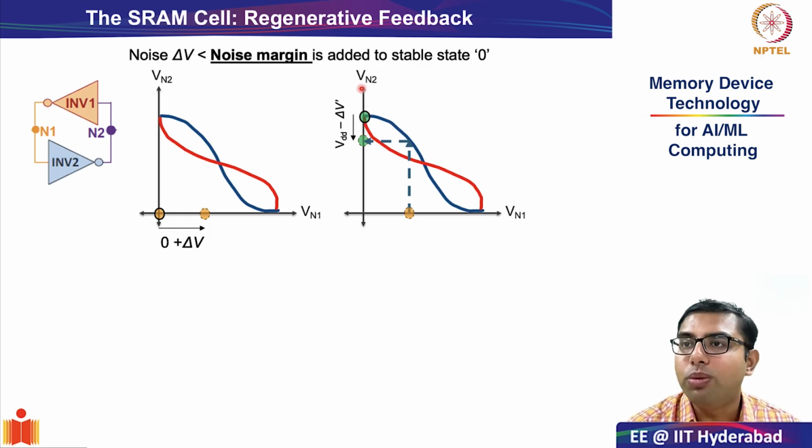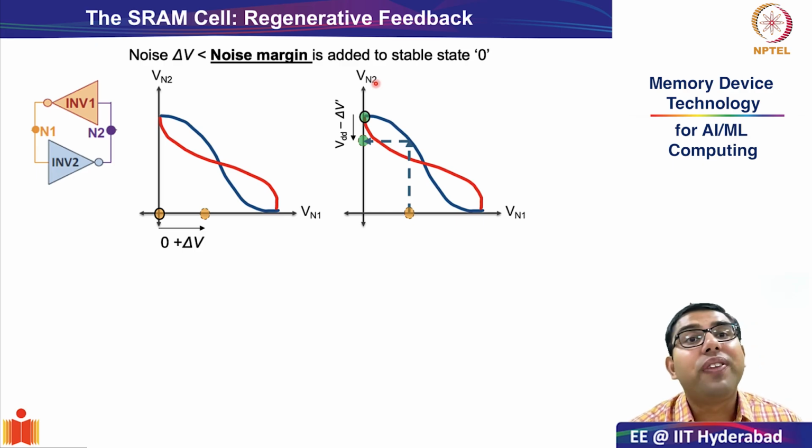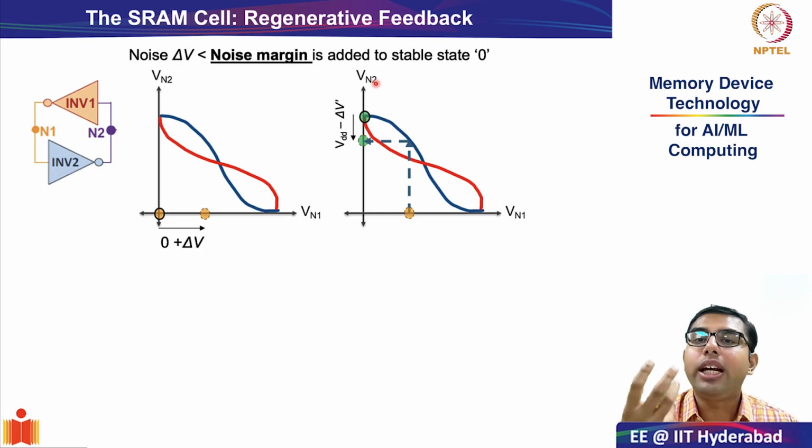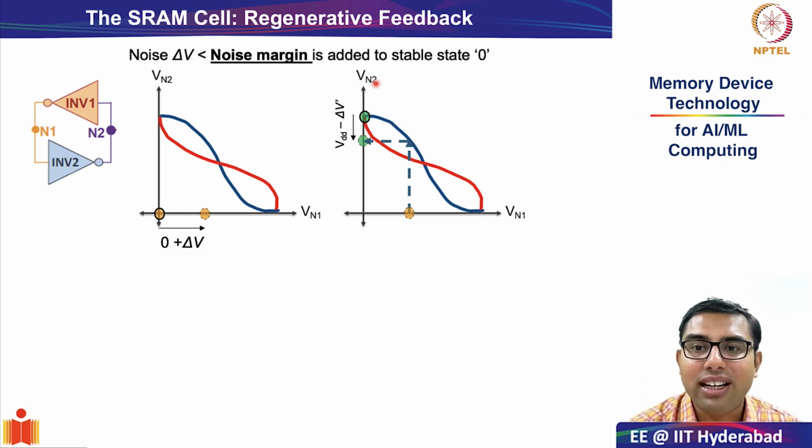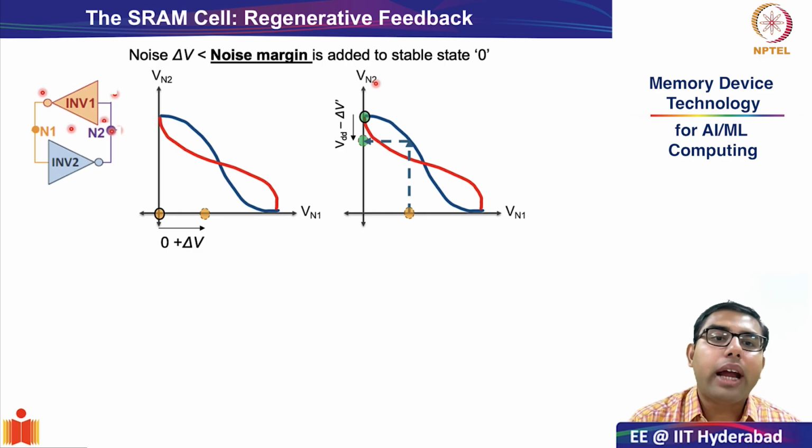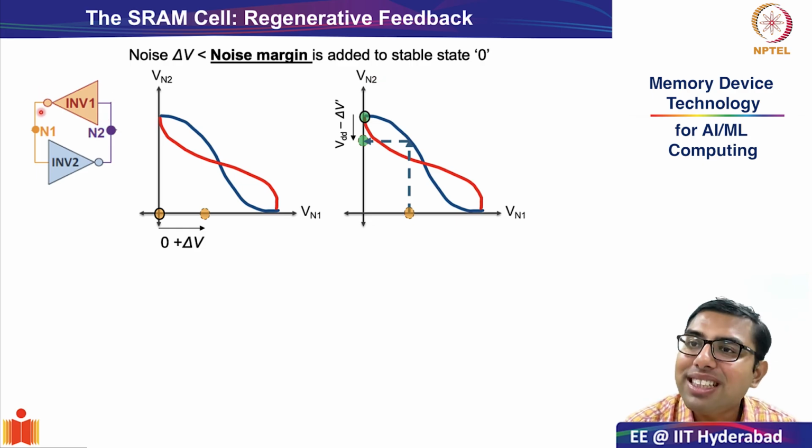input Vn2. Now how do we find out, due to this Vn2 change, what was the corresponding effect in Vn1? There has to be a corresponding effect in Vn1 because they are cross coupled, right? So what is the corresponding change in Vn1? And to analyze that, we have to recognize the fact that for inverter 1, N2 is the input and N1 is the output.